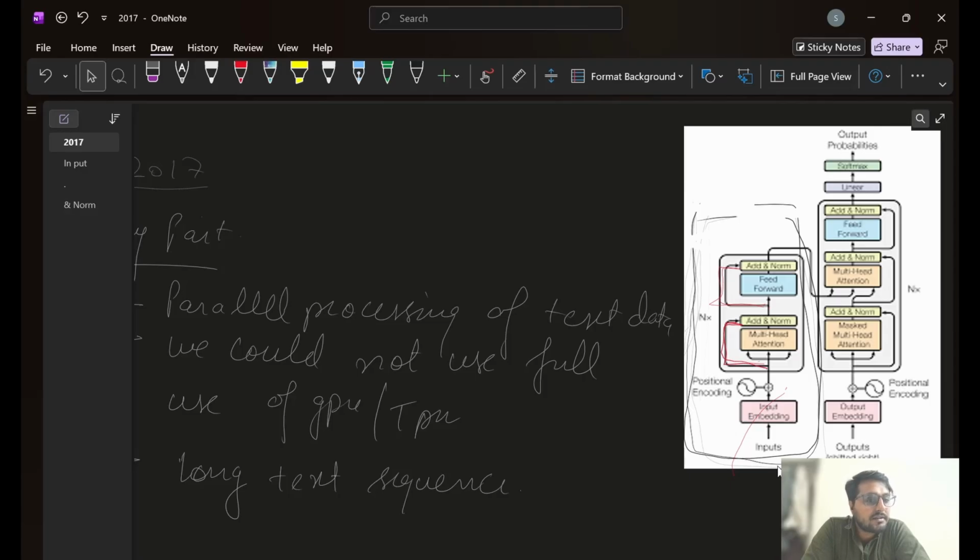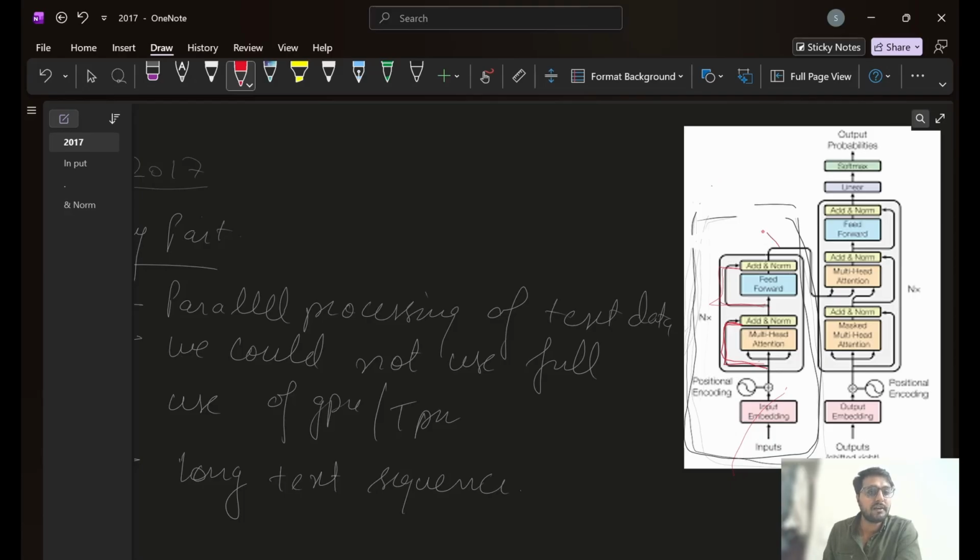After that we pass the input to the feed forward neural network, and the output of the feed forward neural network will also be a set of three vectors, and then we again use skip connection to add and normalize our vectors, and that will give us the final representation vector that has context of each and every word.